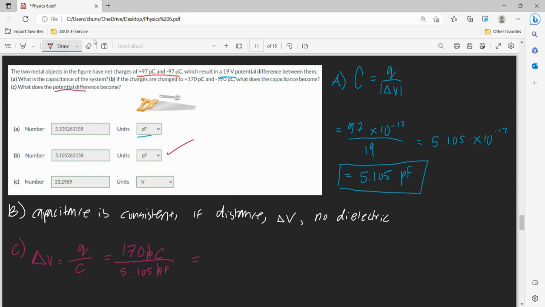Since they're both pico, then we can just use our numbers as is. And this becomes 33.298 volts, our new potential difference. So for a system, as long as there's no dielectric, this statement then becomes false. If there's no dielectric, then our capacitance value stays the same.